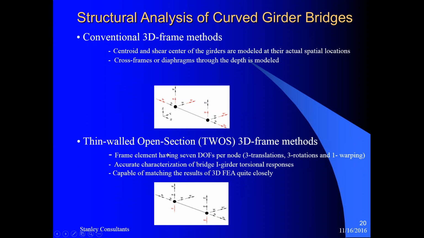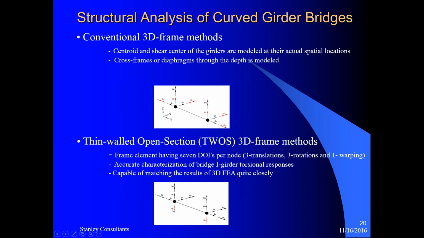One improvement to this is the thin-walled open section 3D frame methods. Here, an additional degree of freedom is added. That's a warping degree of freedom. That calculates the stiffness of the girder due to warping.